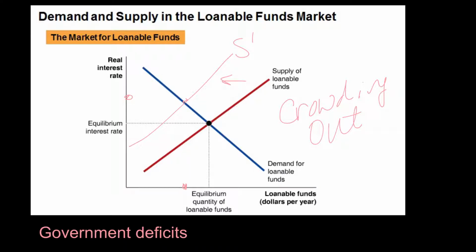And so when you increase savings, you by definition decrease consumption because all households can do with their income is consume it or save it. So if they're saving more, they are consuming less. And so you have this reduction along the quantity supplied and you have this reduction in the quantity demanded, and that's your crowding out. So that's considered another problem with government deficits.